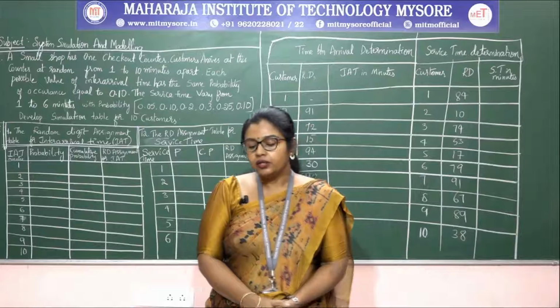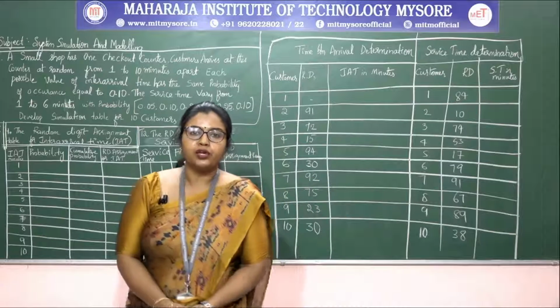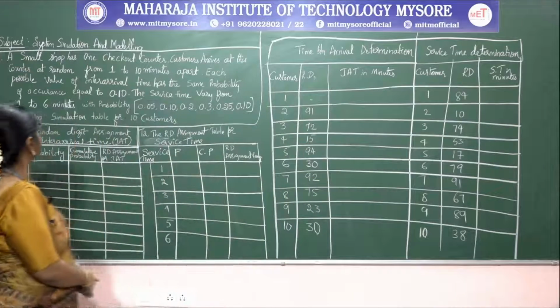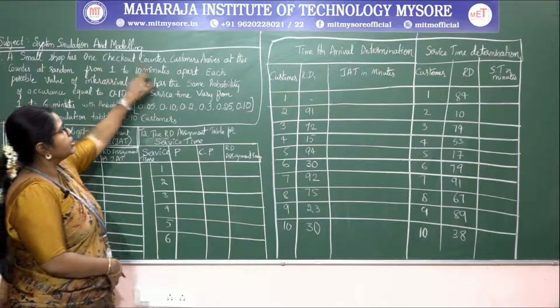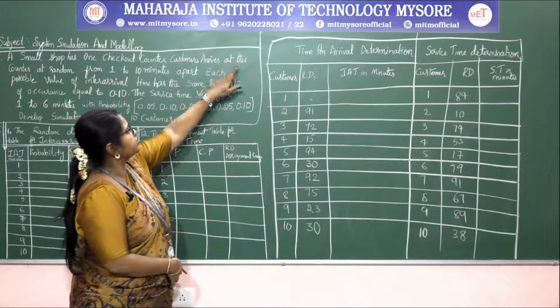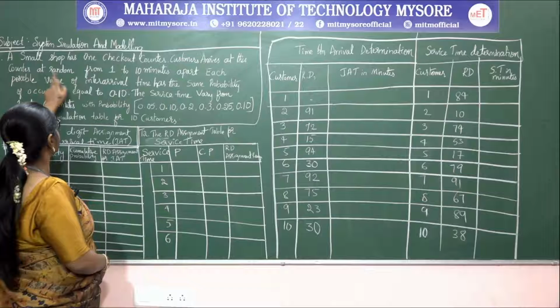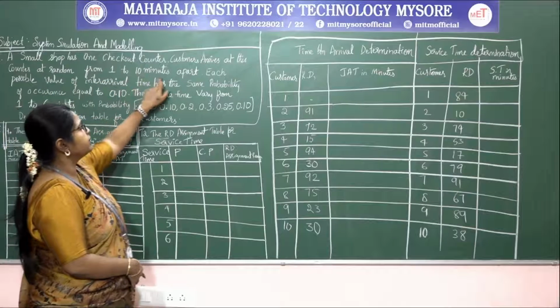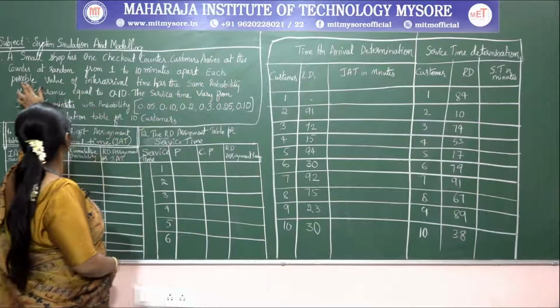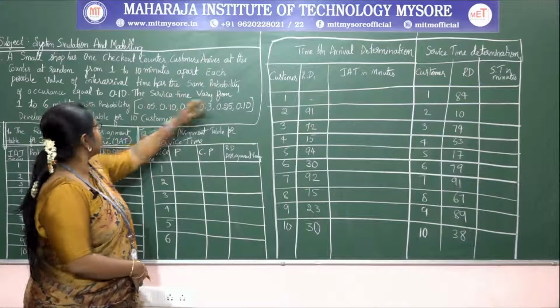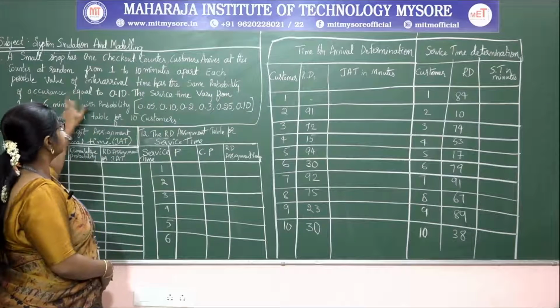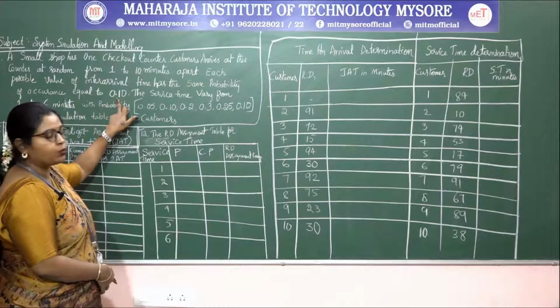Okay, so here we have a problem. The problem states a small shop has one checkout counter. Customers arrive at this counter at random, from 1 to 10 minutes apart. Each possible value of inter-arrival time has the same probability of occurrence, equal to 0.10.